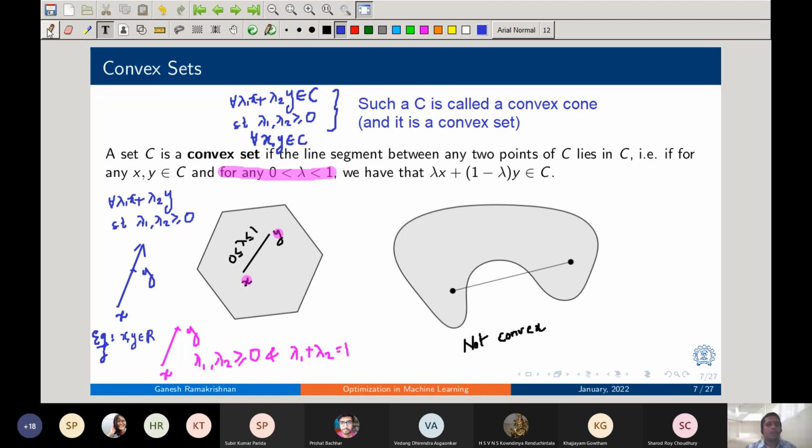Okay, so there are many special cases of convex sets. What you saw here, for example, is a ray. This is a ray, and a ray is also a convex set.